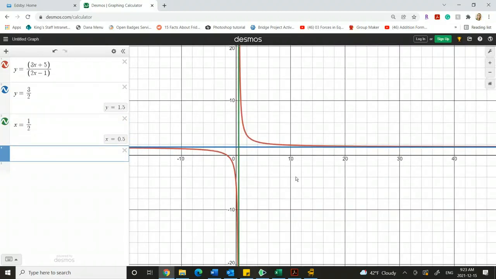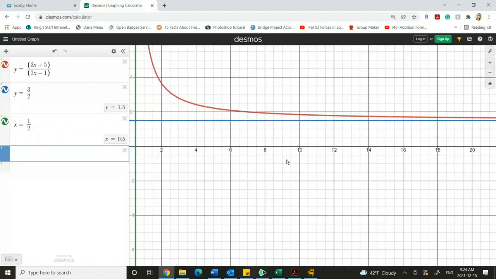As x goes further and further toward infinity, it gets infinitely close to the horizontal asymptote. Okay, that's the nature of asymptotes, right? My graph is getting super close to them. It doesn't necessarily touch that value, but that is the limit value, right? That's the limit as we approach that particular y value when x is approaching infinity.